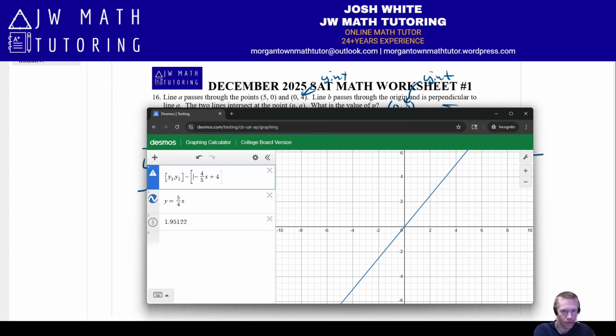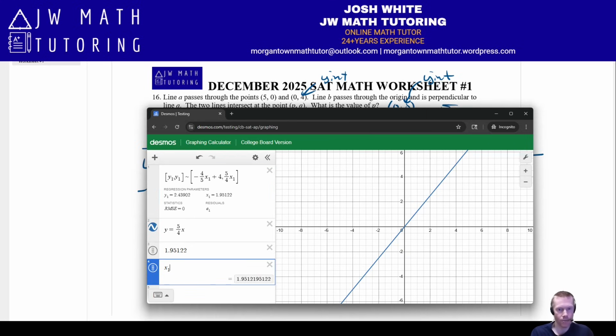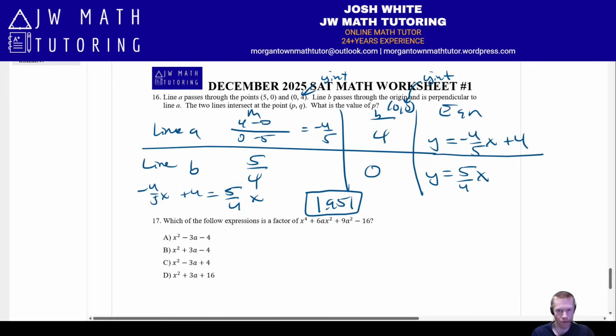And then the right side, so this is the top equation, and the bottom one should have been positive 5/4 x1. Okay, so notice here it gave me x1. So now if I type x1, notice it's kind of the same value, 1.95119, but this is rounded off. However, when I click this, I get 80/41.